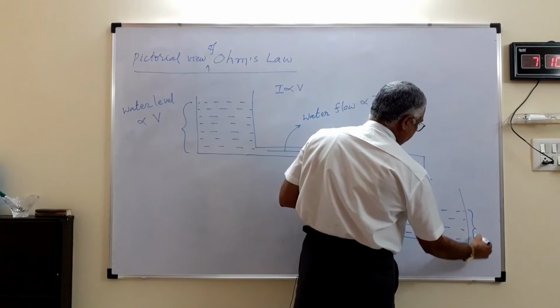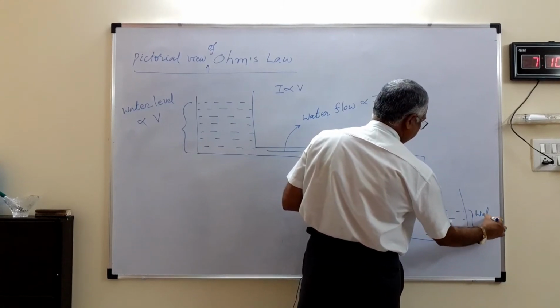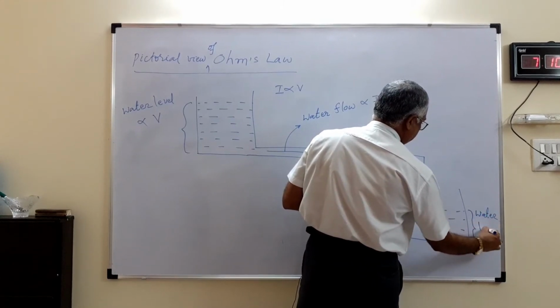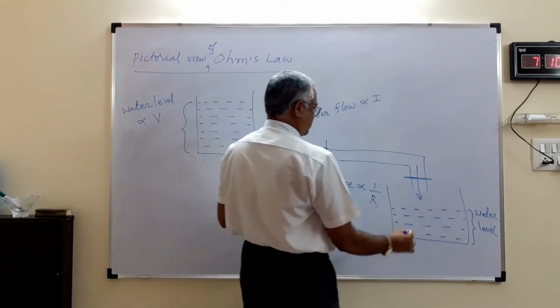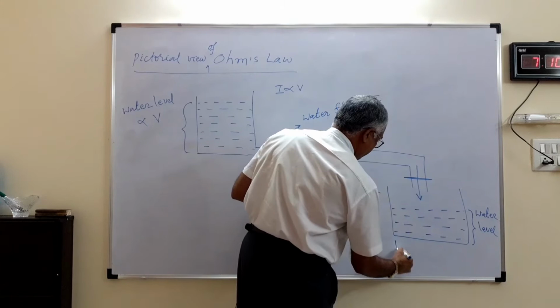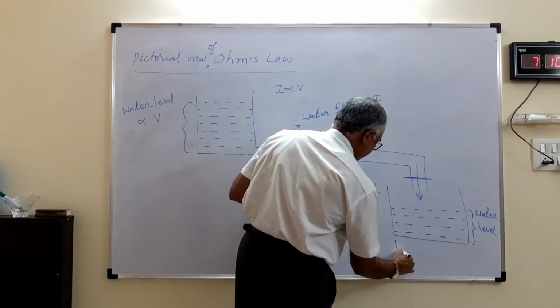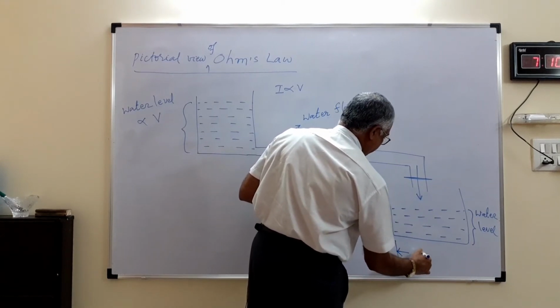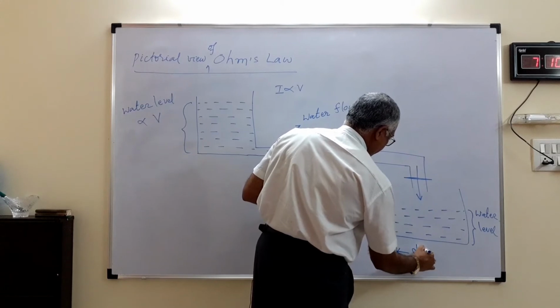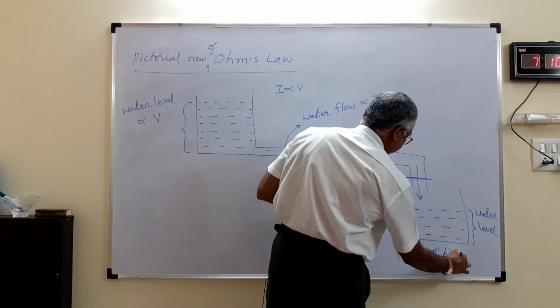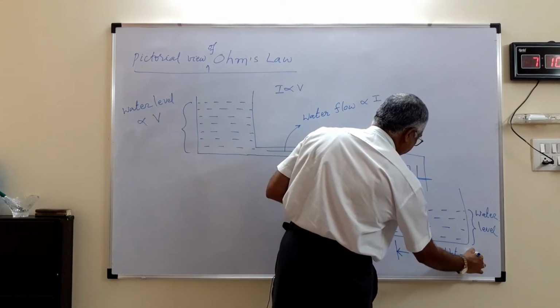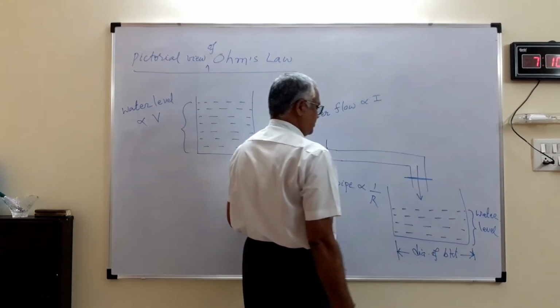First one is water level. Second one, bucket width or diameter of the bucket. Bucket width is the second parameter.